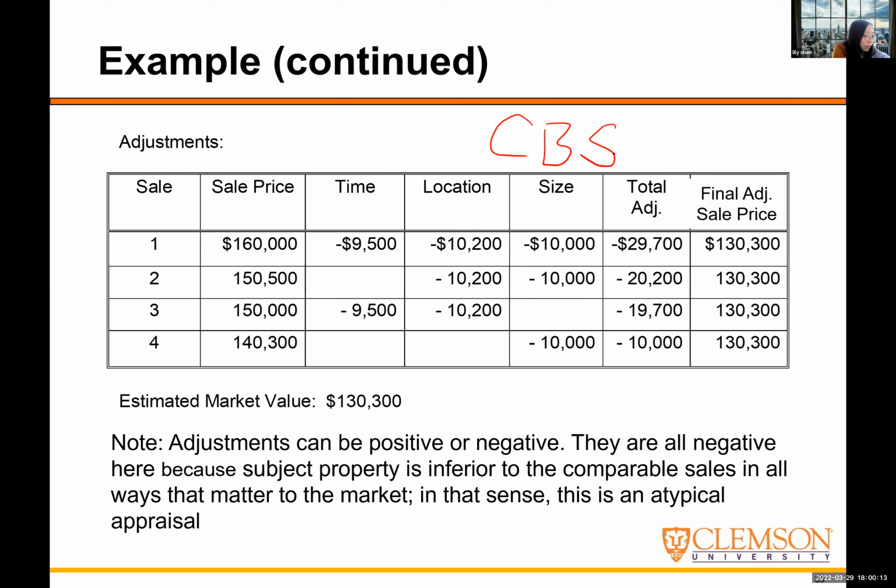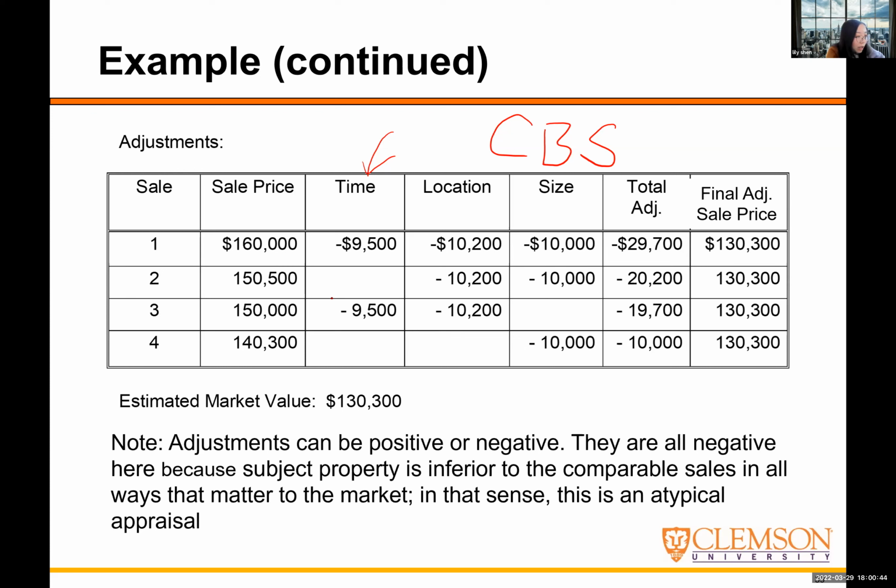So for comparables 1 through 4, we have the sale price and the adjustment in market. Comparables 1 and 3 were sold over a year ago at a better market condition, so we have to subtract 9,500 to make those two sales more similar to the sales we would make today.